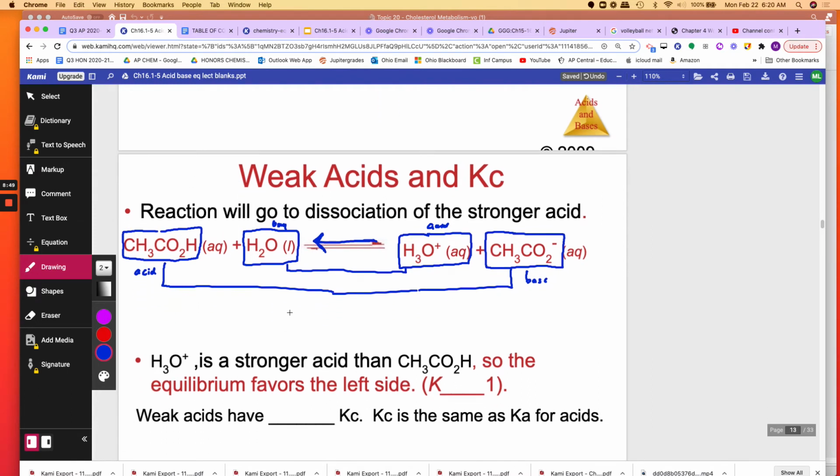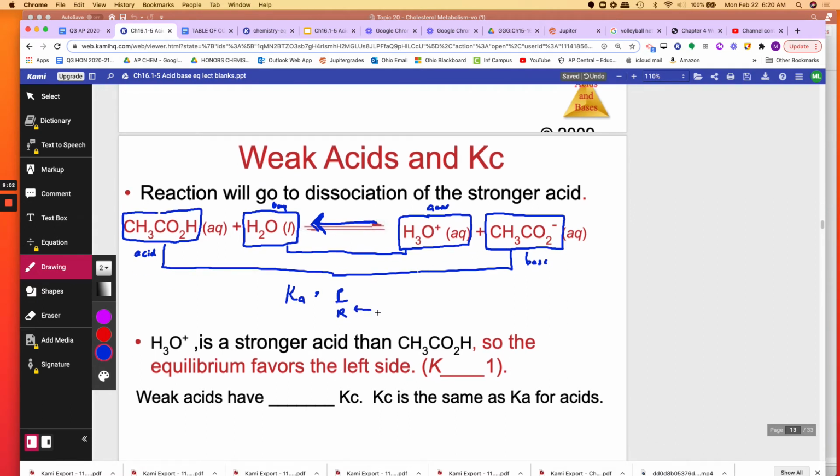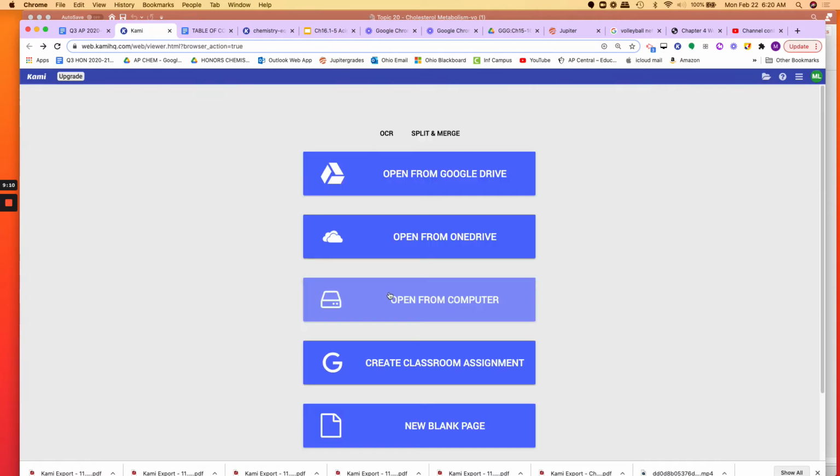So if you go Ka for the acid is equal to products over reactants, you're going to have more of the reactants because it goes to the left. So this number will be high, and this number will be low. So let's make up some numbers.